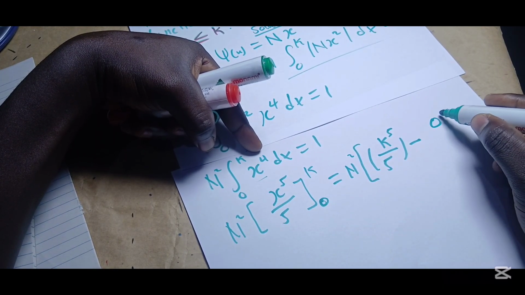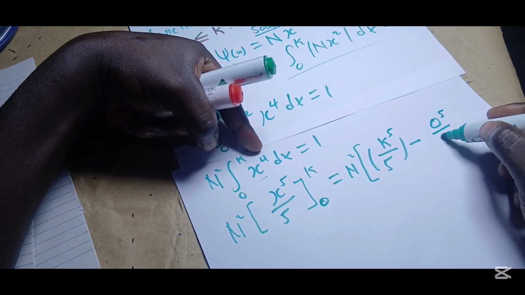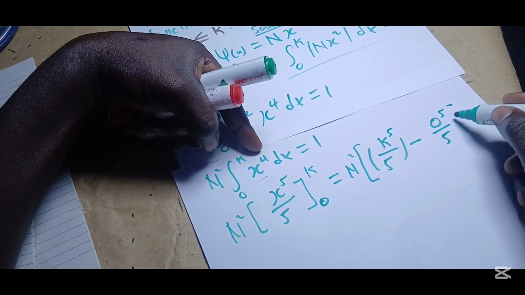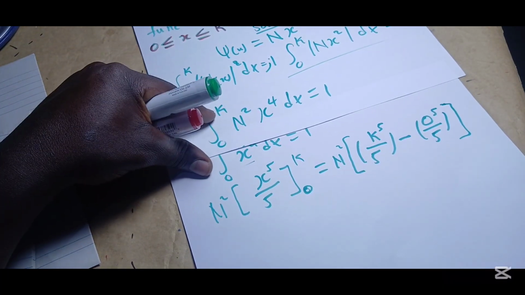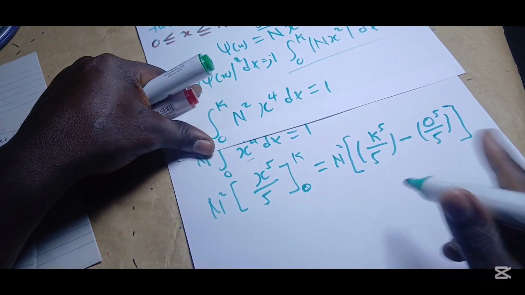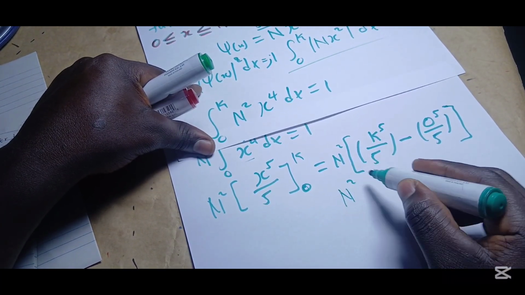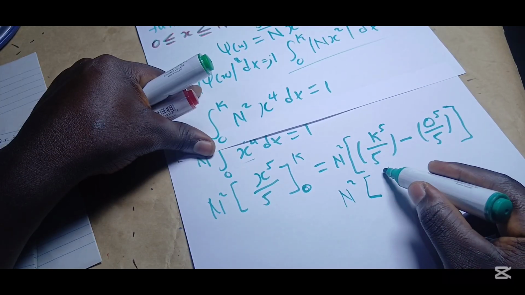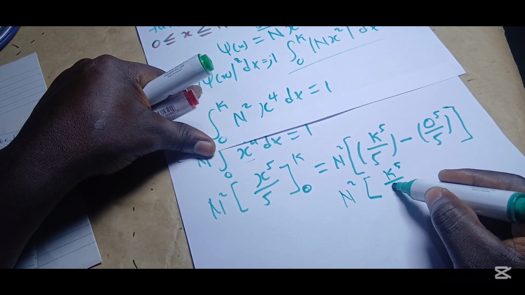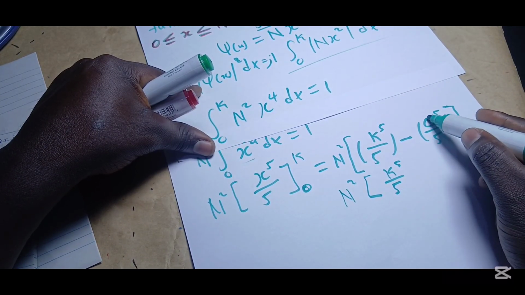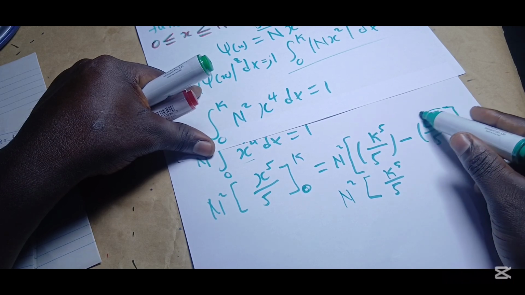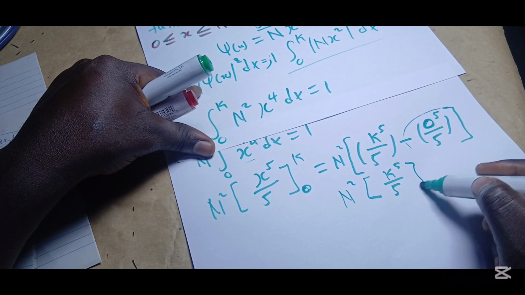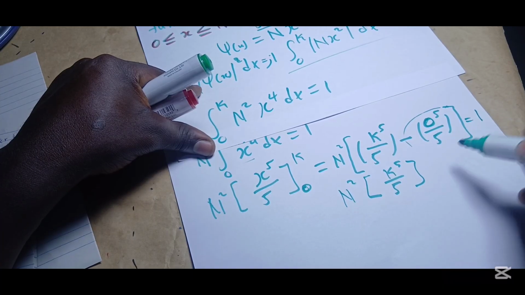So 0 to the power 5, all over 5, multiplying. Now, this will give us n squared multiplied by k to the power 5, all over 5. Any number 0 to the power 5 is 0, and 0 over 5 will make this whole term go to 0. So it should be equal to 1.